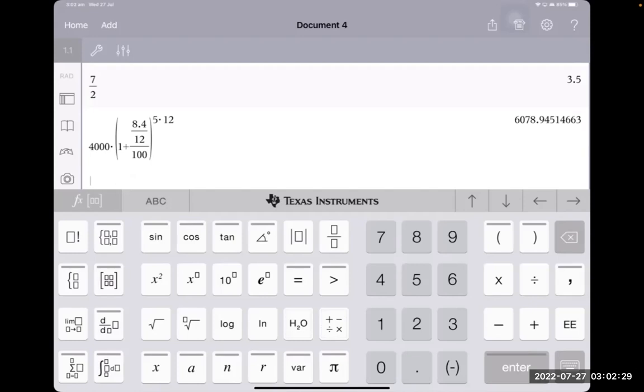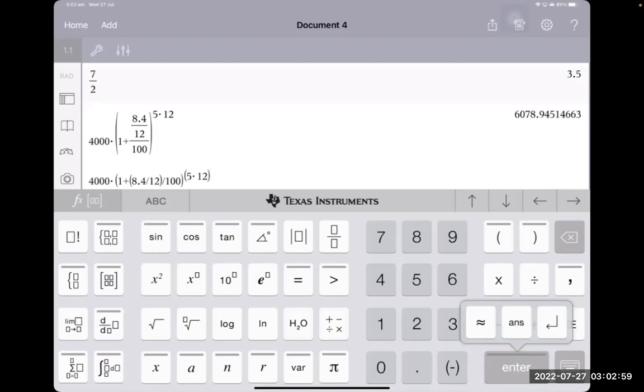But what happens if you don't know how to type that out? Let's try with the other way, the longer way. Times the bracket. We've got 1 plus. We open the bracket, we go 8.4 divided by 12. Close that bracket, divided by 100 now. Close that bracket. I'm going to raise it to the power of 5 times 12.